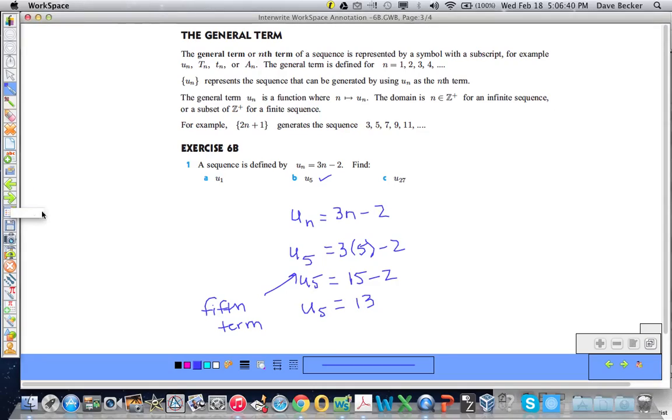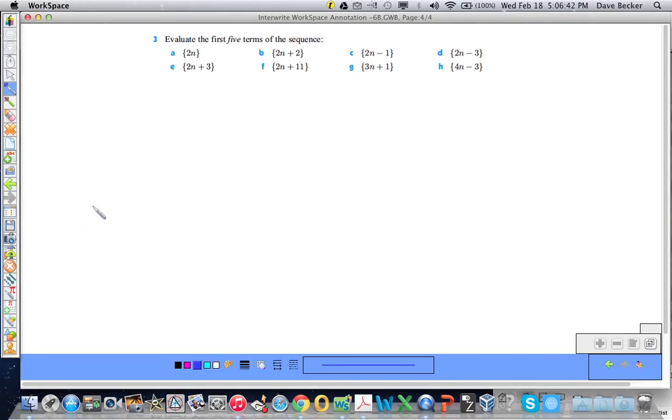Okay. Some other ways you could be asked about this: evaluate the first 5 terms of the sequence, and all they give you is the expression. So let's just pick one. Let's pick f. Okay. What this really is saying is that u sub n is equal to 2n plus 11. And they want the first 5 terms.